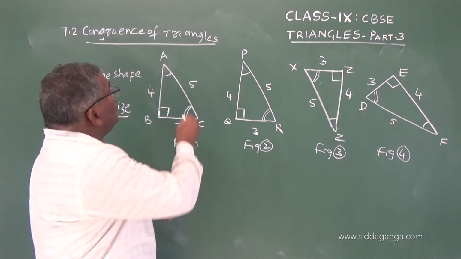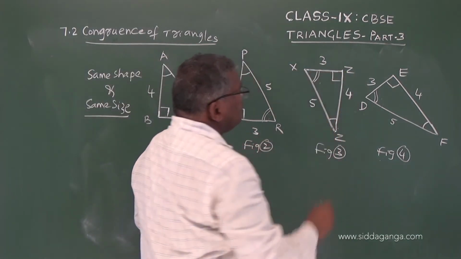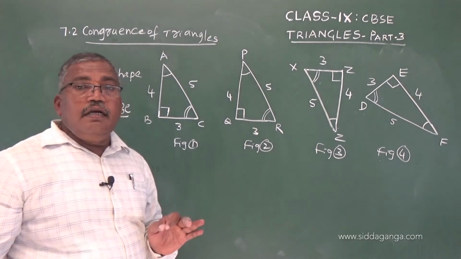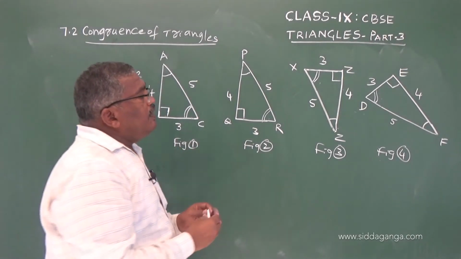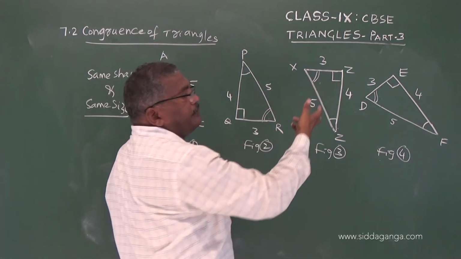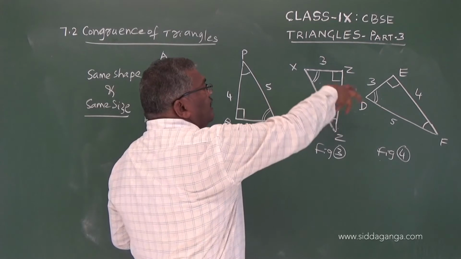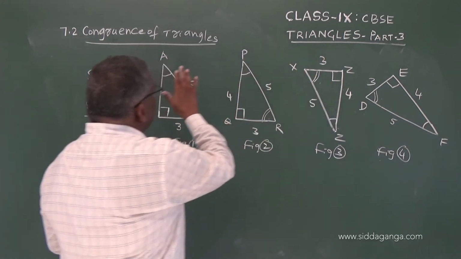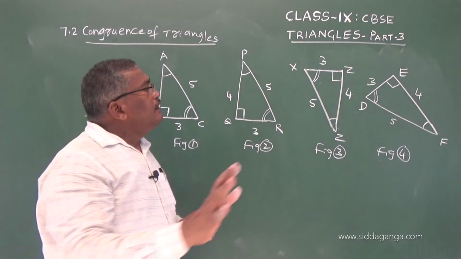And similarly, triangle ABC and XYZ have same shape and same size, but it is rotated. If you correct the rotation, then it will be equal to this figure. So therefore, rotation is not a matter.